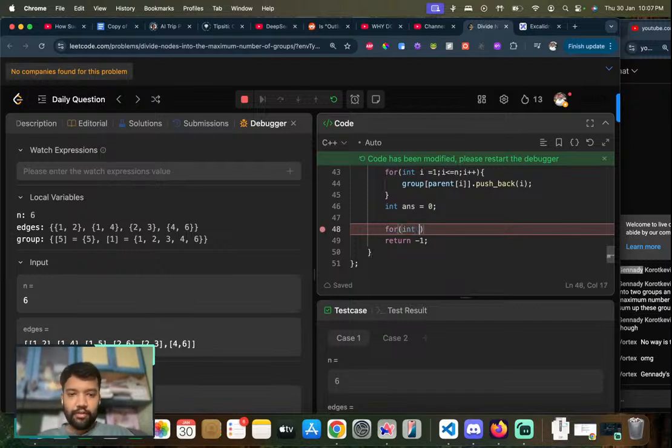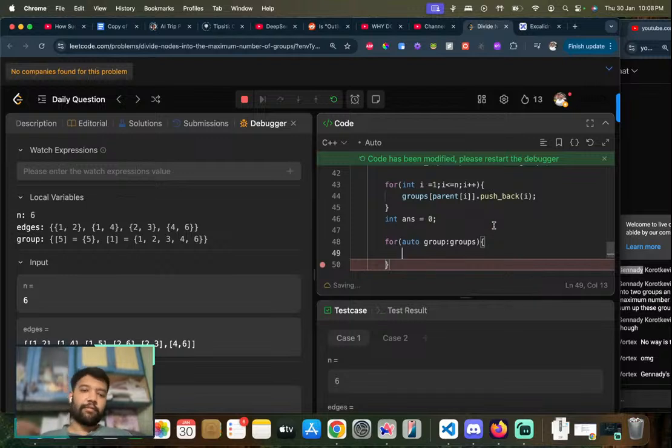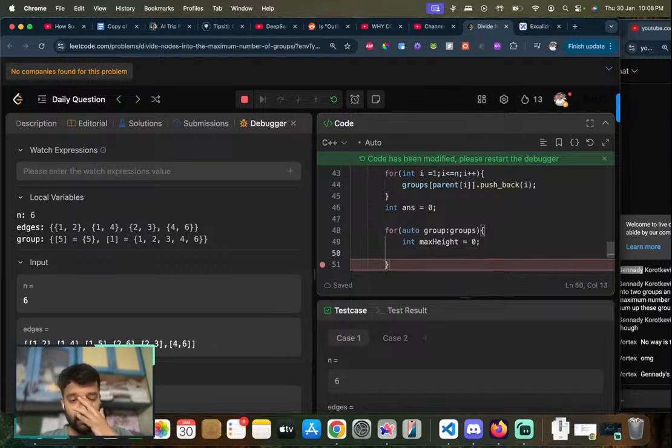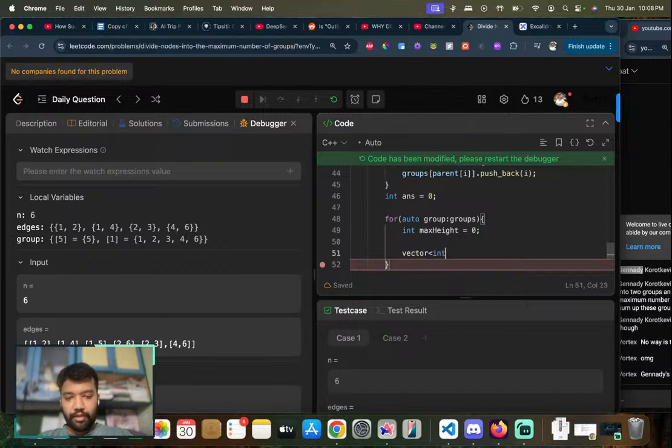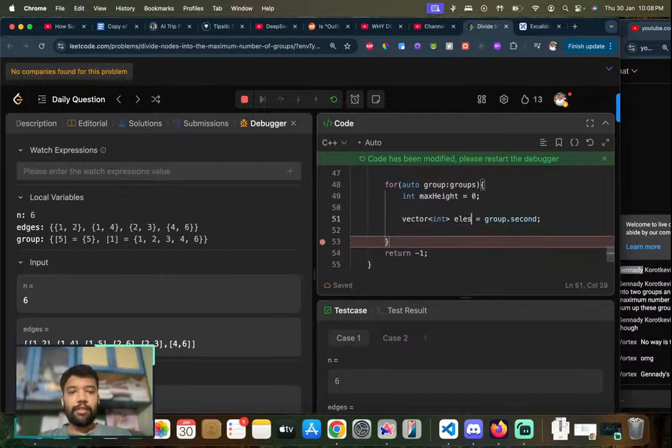For groups, we take one group and max height is equal to 0, vector v equals to second v elements.